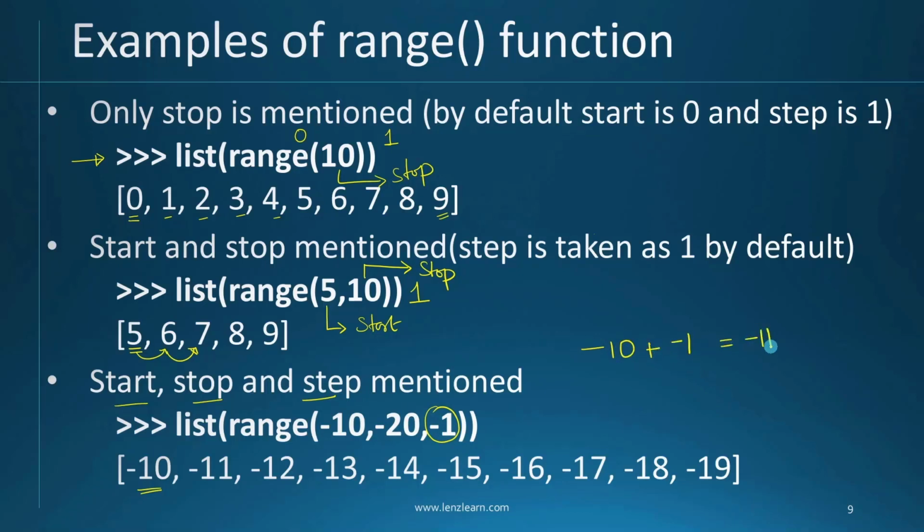The next value is going to be -11. You can see here -11 is coming over here. Now the next value will be generated by -11 plus -1. So this is going to be -12. You can see -12 will come. This will go all the way up to -19 because we have asked the range to stop at -20.